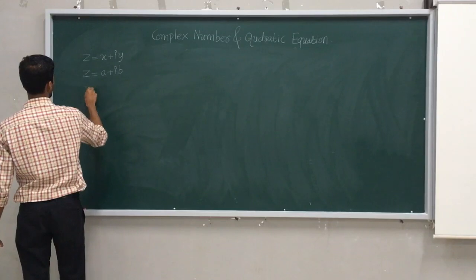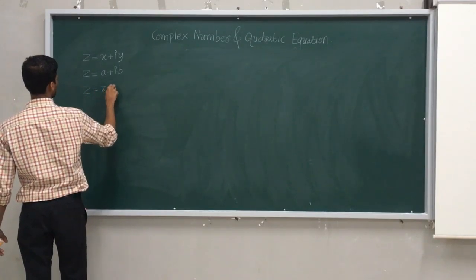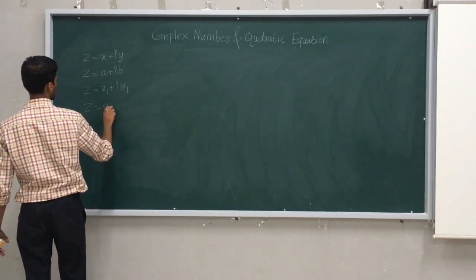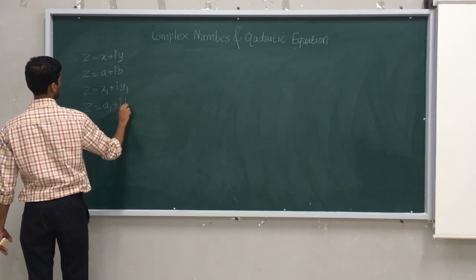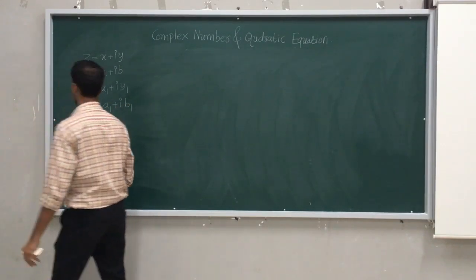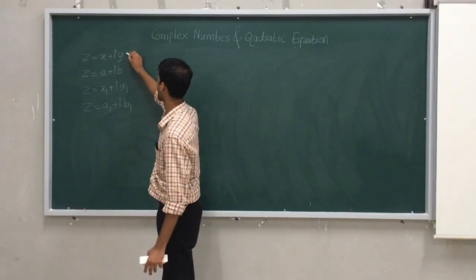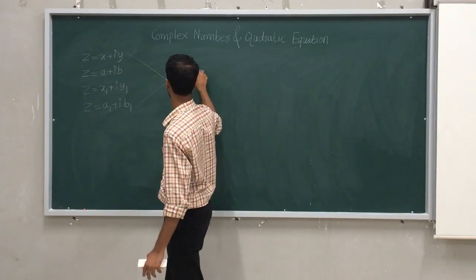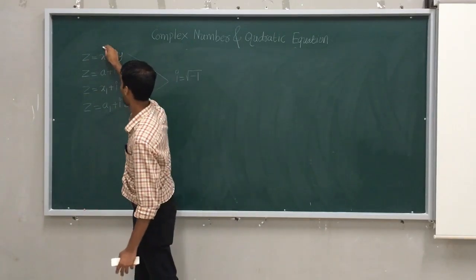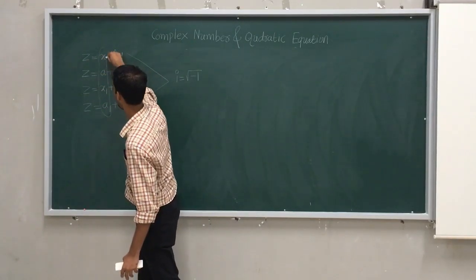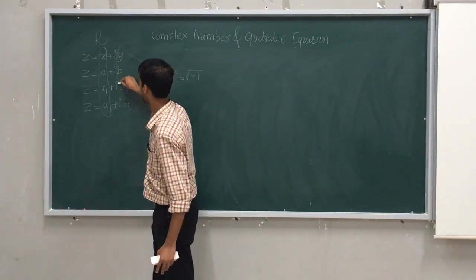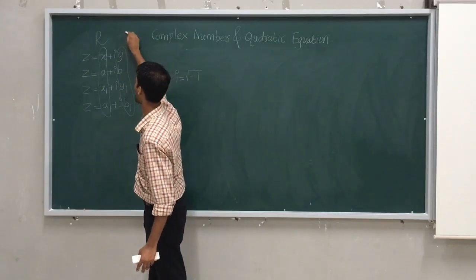In some textbooks they have taken x1 plus i into y1. In some they have taken a1 plus i into b1. You may take any notation, but in all cases i is root of minus 1, and the first terms are the real part, the next terms are the imaginary part.